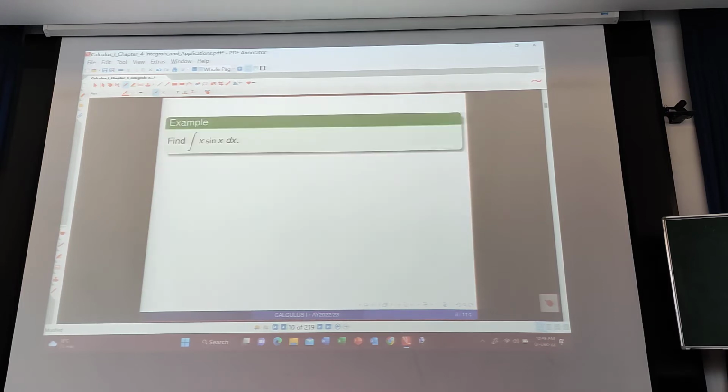Now look at the example. You see x sine x dx. It looks much simpler than the previous example. In the previous example, you have integral x cubic cosine of x⁴ plus 2 dx. This is very complicated, but you can change the variable to x⁴ plus 2. But it's simpler. Can we do like that?